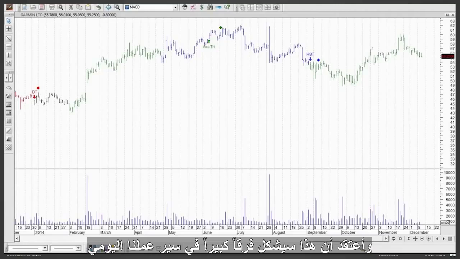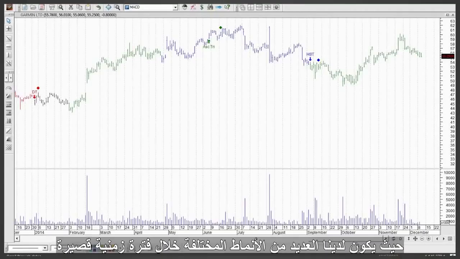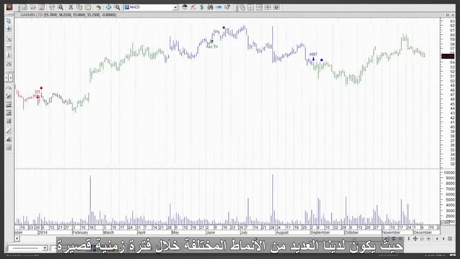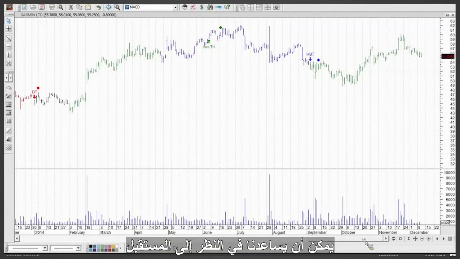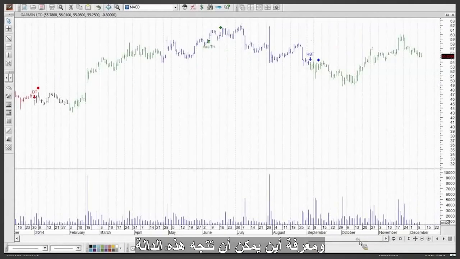And I think that can be very, very powerful in our daily workflow. Especially when we have an instrument like Garmin, where we have many different patterns within a short period of time. It can help us look into the future and see exactly where this instrument could be going.